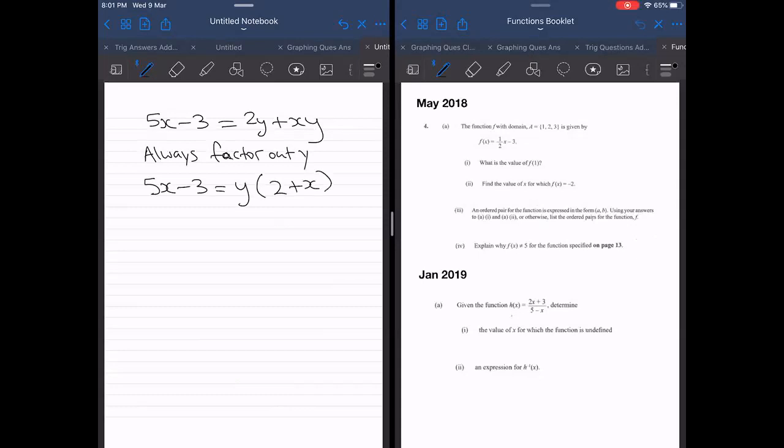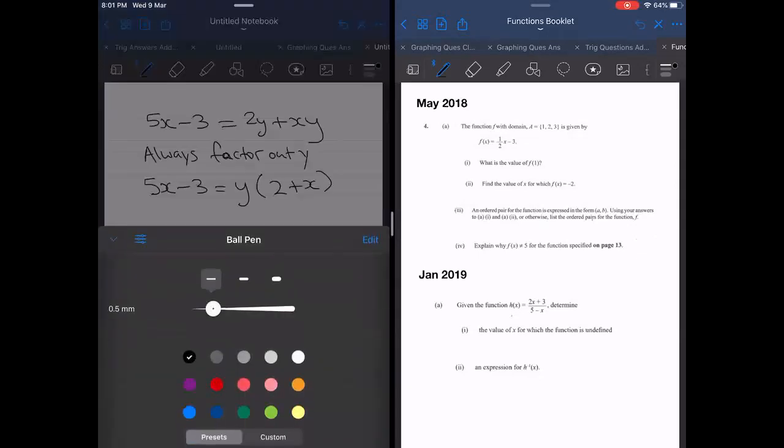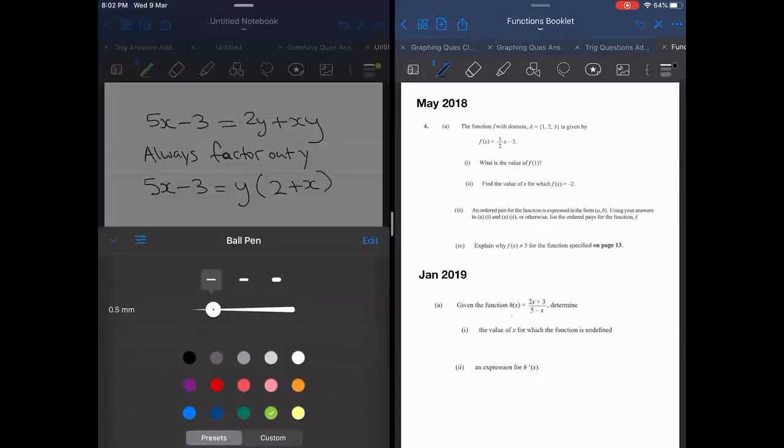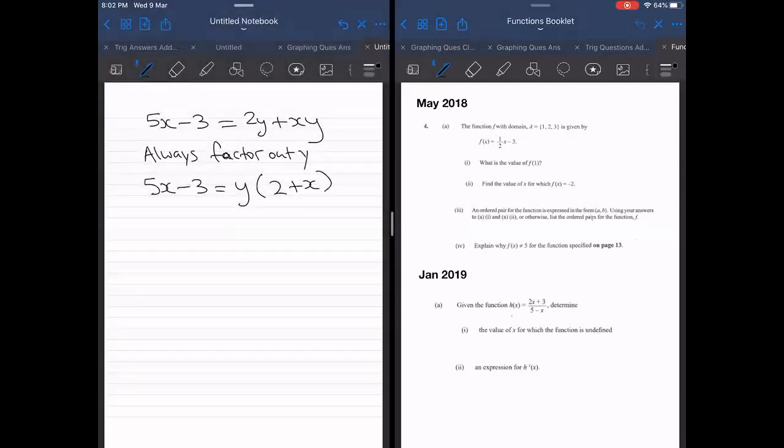So that's called factorization, but even if you can't see it, what you want to do is put the y on the outside, and then in the bracket, you leave what's left over. If I pull out the y, the 2 is left over. If I pull out the y, the x is left over. So even if you don't know how to factorize, I'm at least giving you a hint on how you can still be able to do this question.